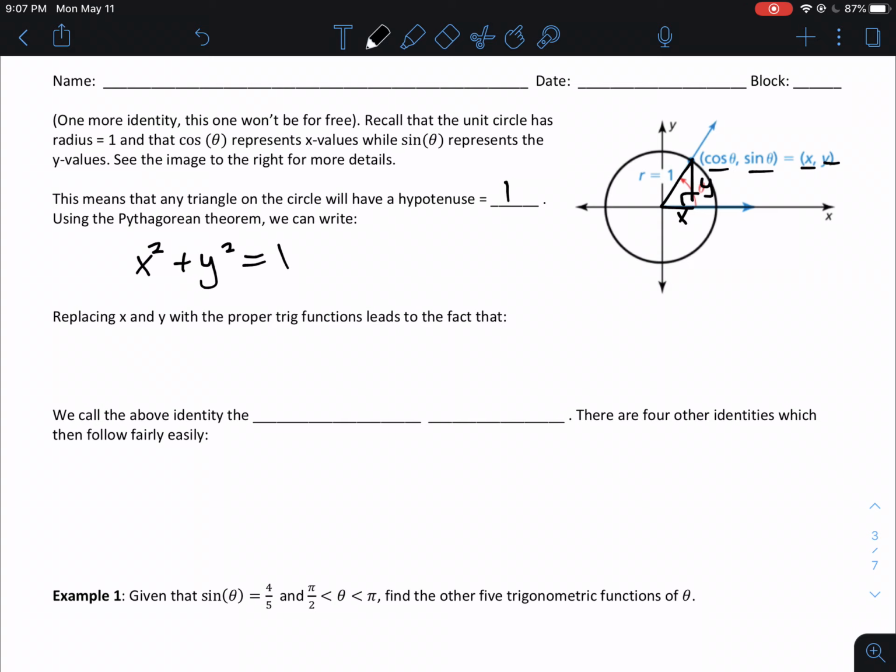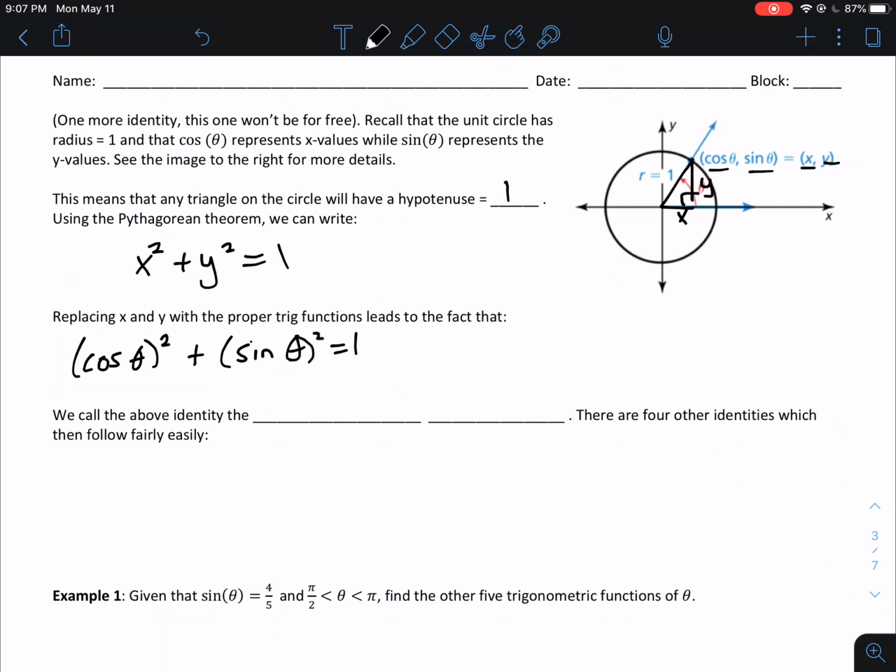If you think about replacing x and y in that equation, you can get another equation which says that the cosine of theta squared plus the sine of theta squared is equal to, well, 1. We don't really have to change that.